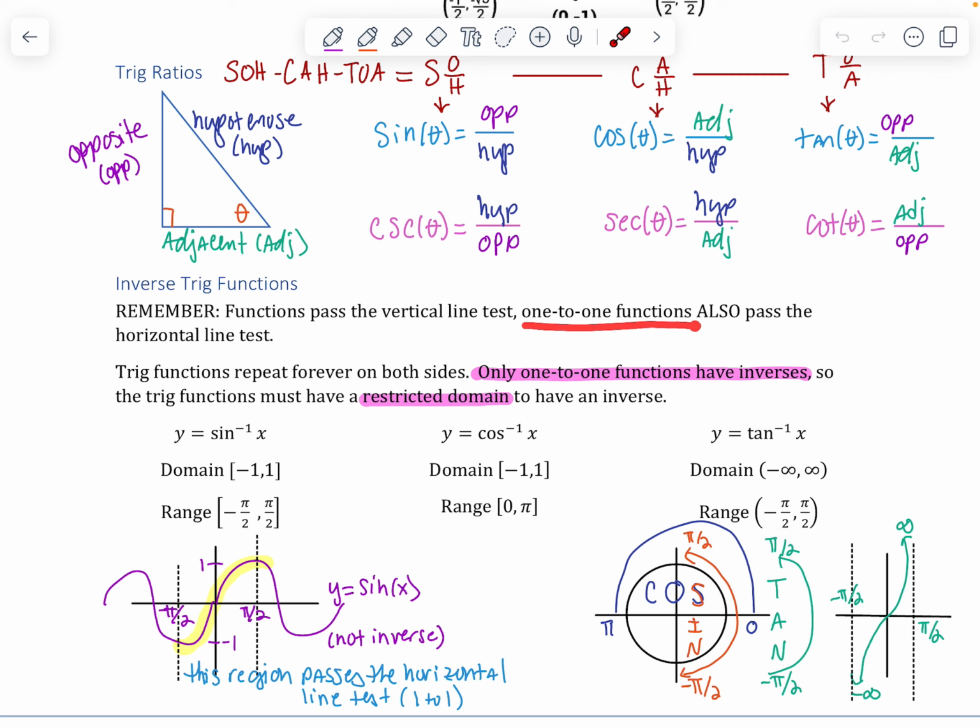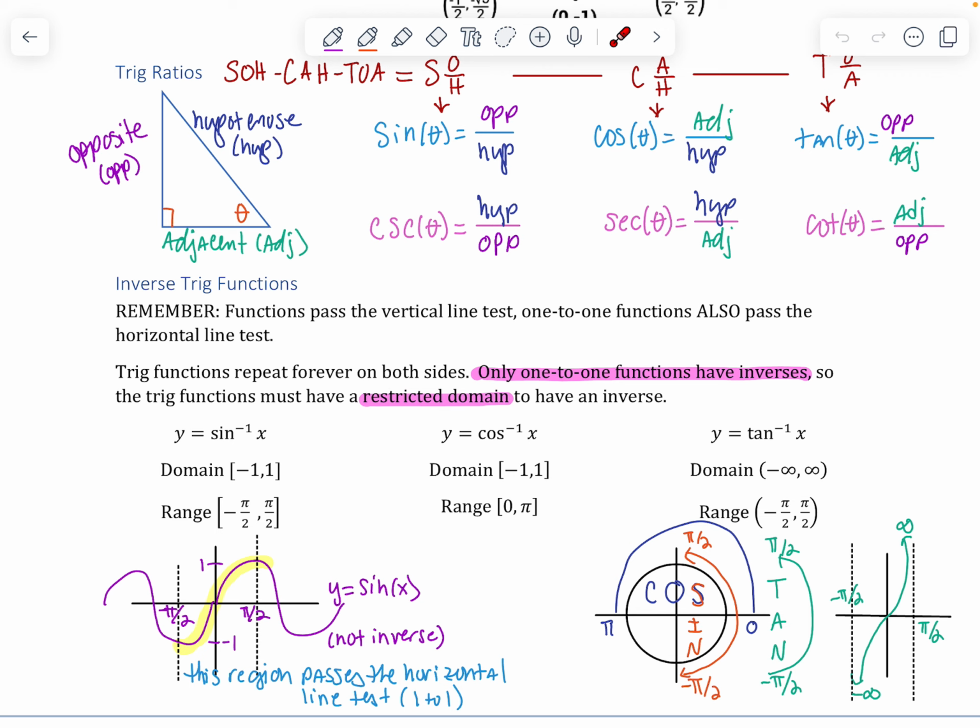One-to-one functions need to pass the vertical line test and pass the horizontal line test, which at first glance, this sine function down here, which itself is not an inverse, doesn't pass the one-to-one requirement for an inverse function. So what I need to do is restrict the domain, which therefore restricts the output, the domain being the input.